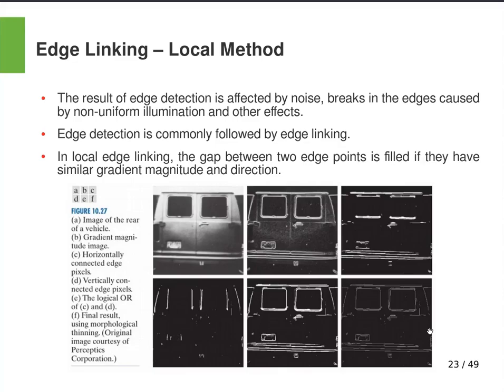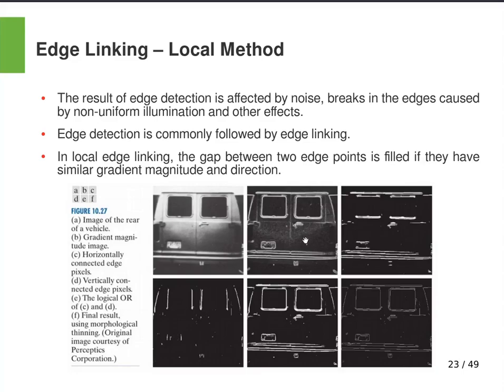There are two different classes of edge linking. In local edge linking, the gap between two edge points is filled if they have similar gradient magnitude and direction. Let's take a look at one example. On the top left we have the image of the back of a vehicle.